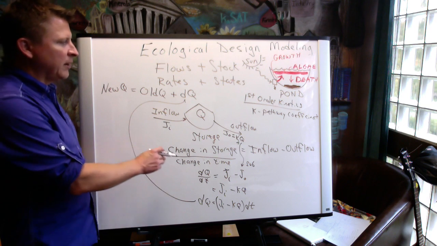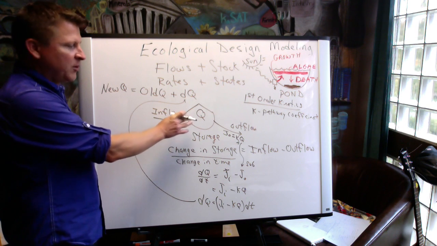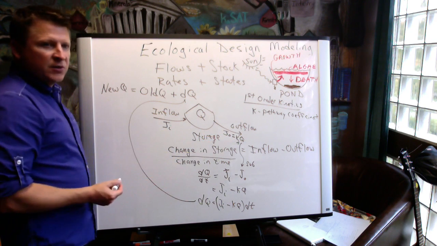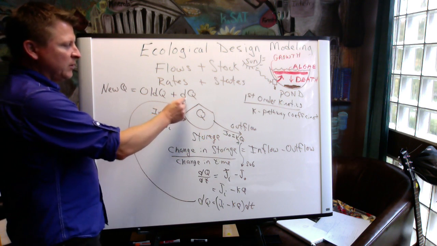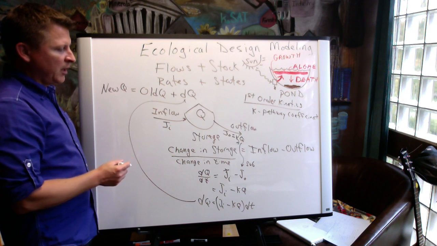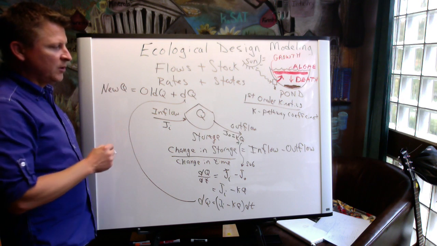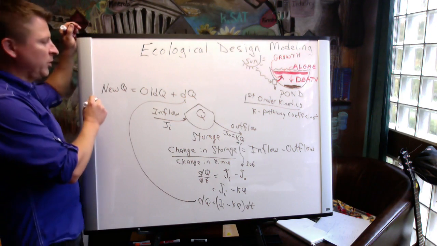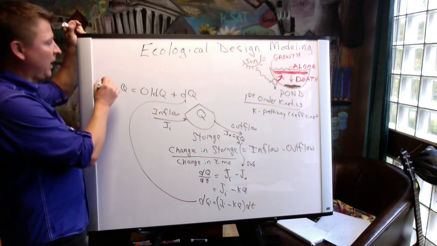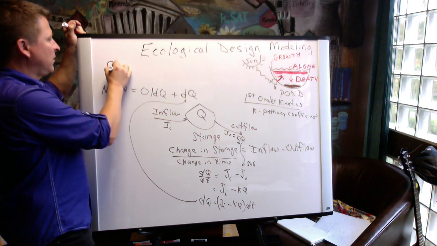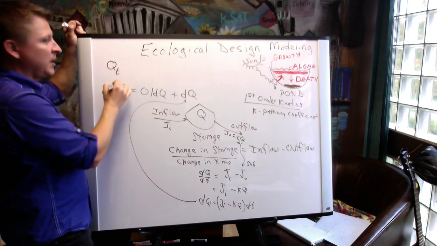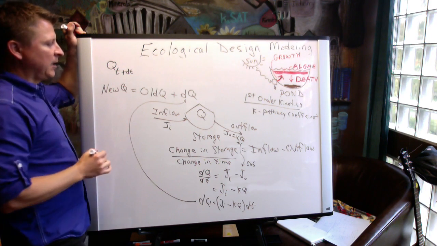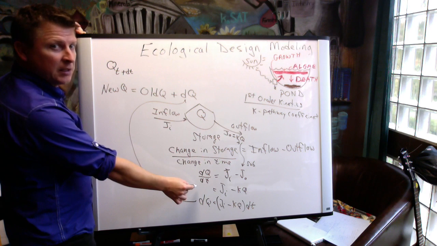So eventually we'll have multiple storages, we could have multiple flows, and we could have more complicated equations than just KQ that will tell us what dQ is. In this simple model, a tank with one storage and two flows, dQ is fairly straightforward. We can rewrite this equation as the value of Q at some time t plus our small change in time dt, which is the same dt down here.